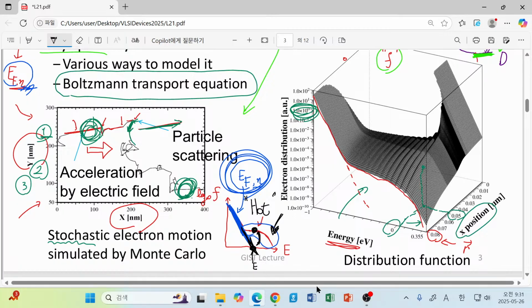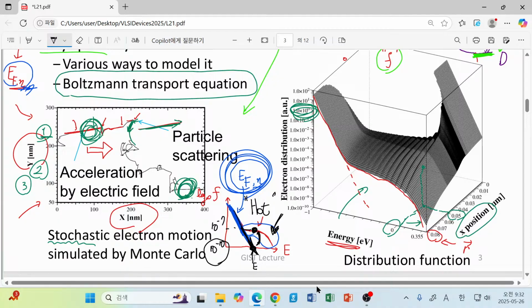For example, we expect that there is only 10 to the minus 10 probability expected from this Maxwellian distribution. However, now say that its probability is 10 to the minus 7.